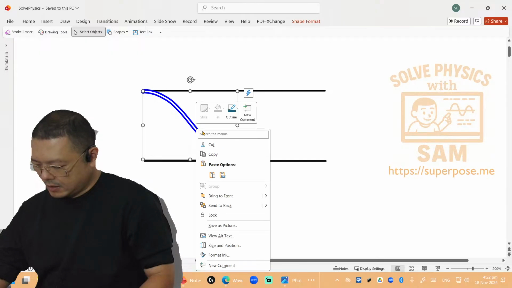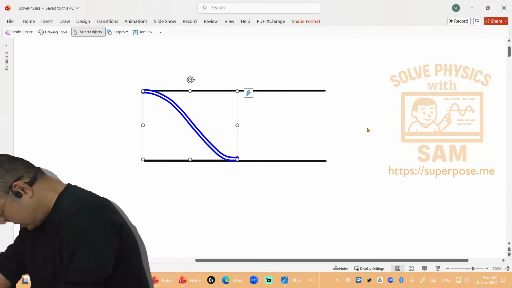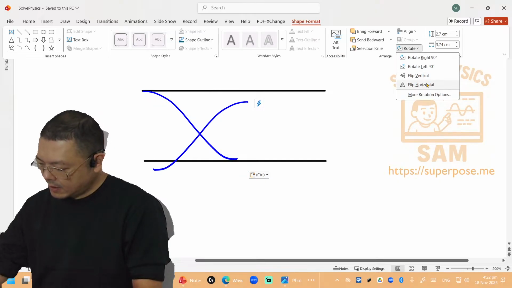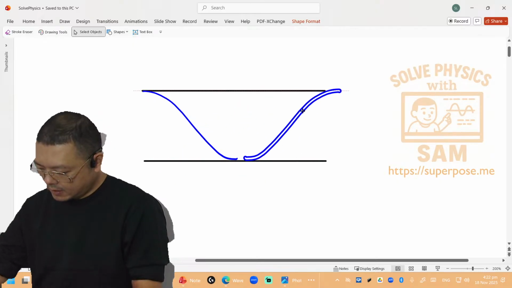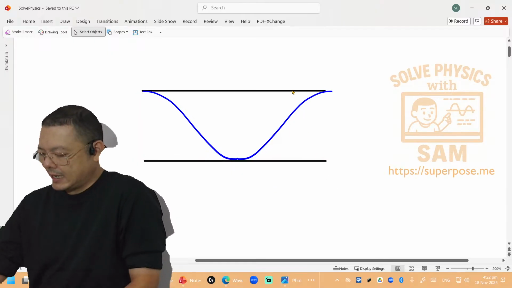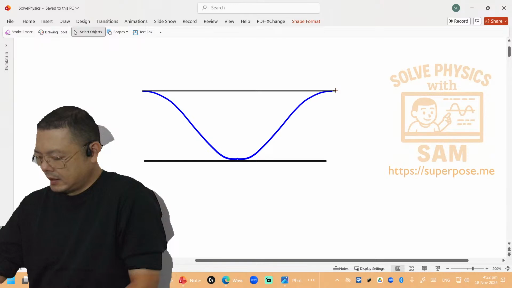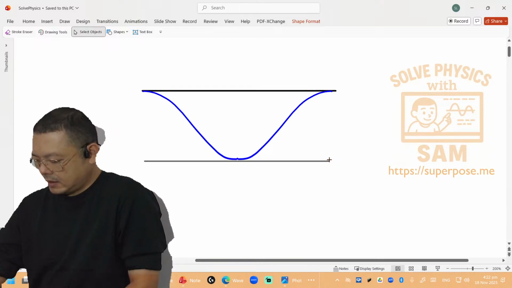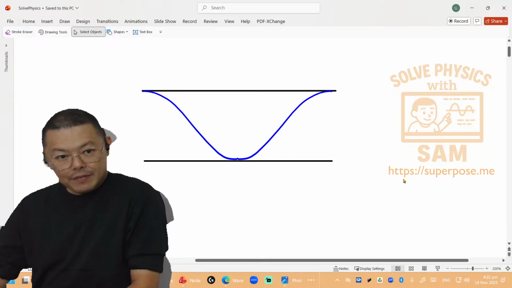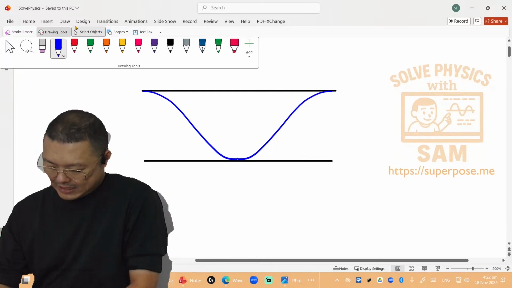Let me just find some space. I'm just going to connect it like that. There we go, this is a second harmonic. You got that? It's a standing wave, so I need to draw the dotted line.